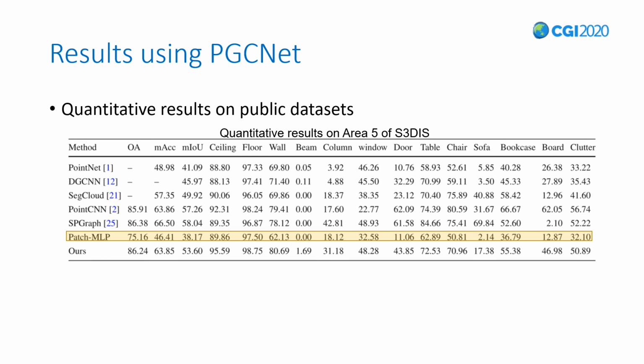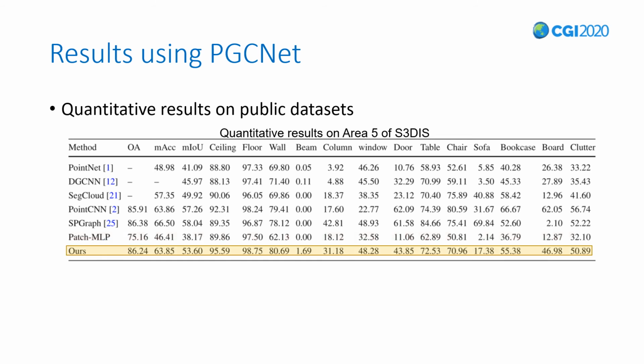The MLP classifier is the same one as in PGCNet. It can be seen that PatchMLP can achieve similar performance as PointNet, especially in room layout classes. This suggests our surface patch representation has the advantage of retrieving room layout structures.